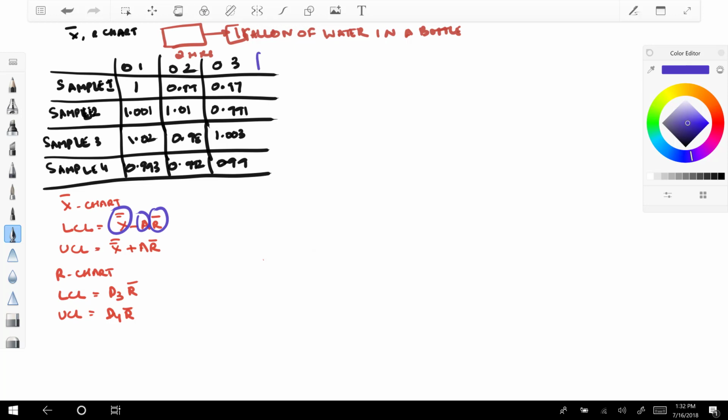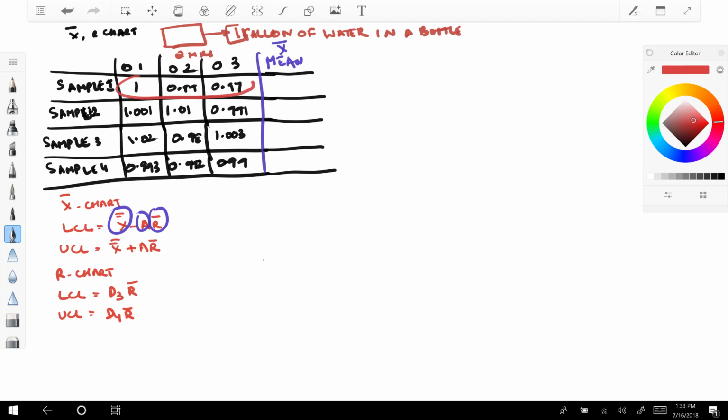First I will calculate the mean. I am calculating X bar, so it's not X double bar, that is the mean of each of those samples. The mean would be the average of these three numbers.